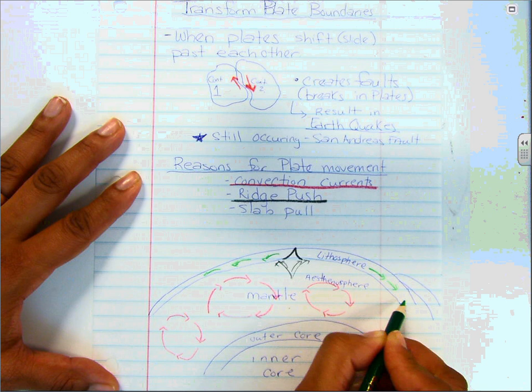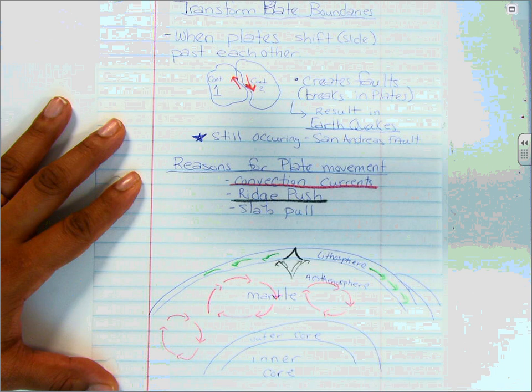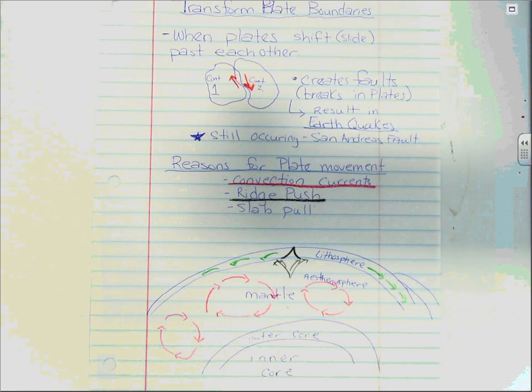Now, this deep depression in the earth is considered a what? When there's a depression or a cut in the earth, what feature is that? A trench. This cut is a trench.